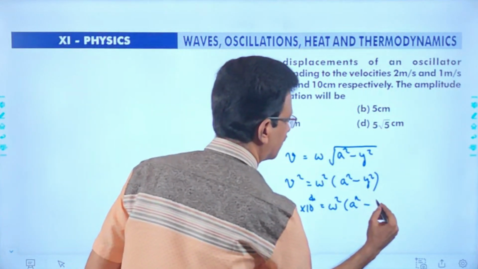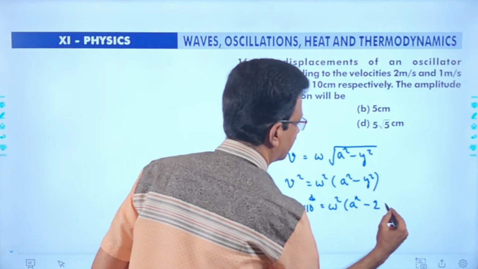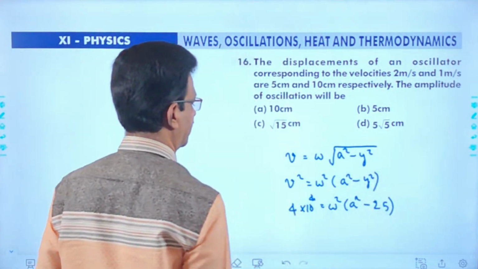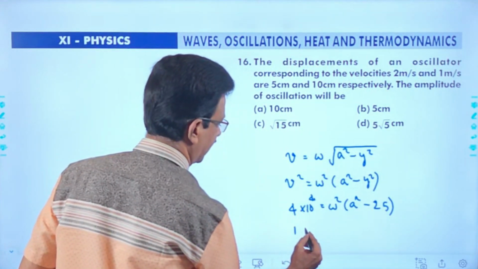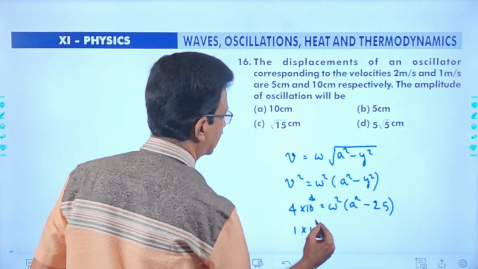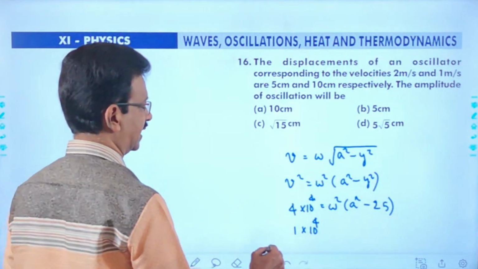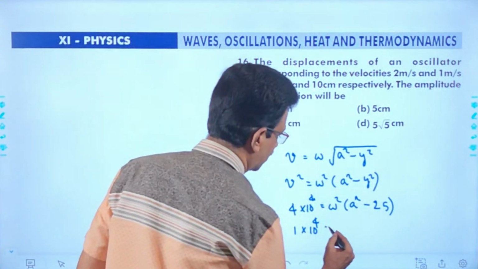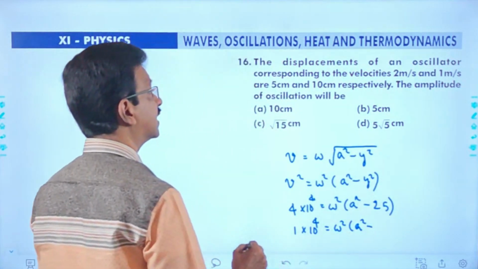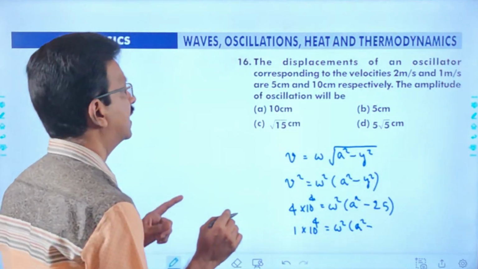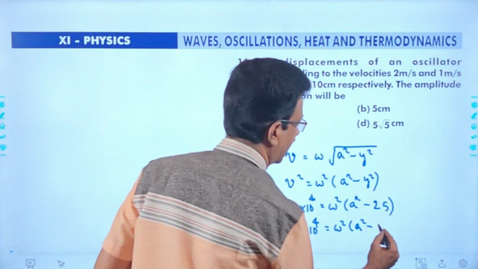In the second case, velocity is 1 meter per second, squaring gives 10 raised to 4, equal to omega square into a square minus the square of the displacement 10 centimeter, 100.